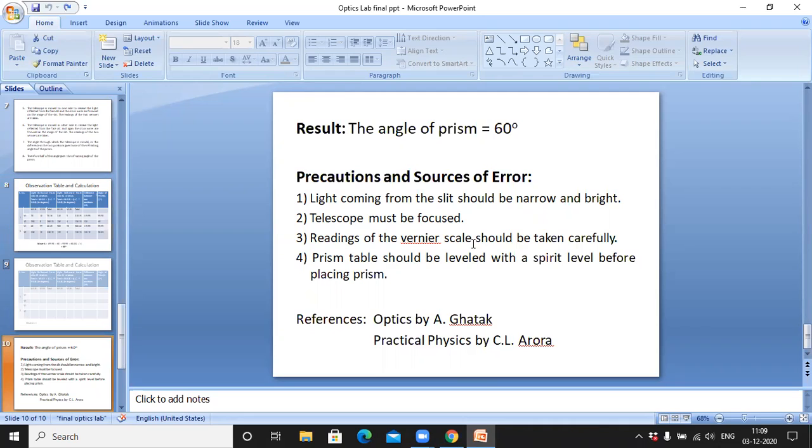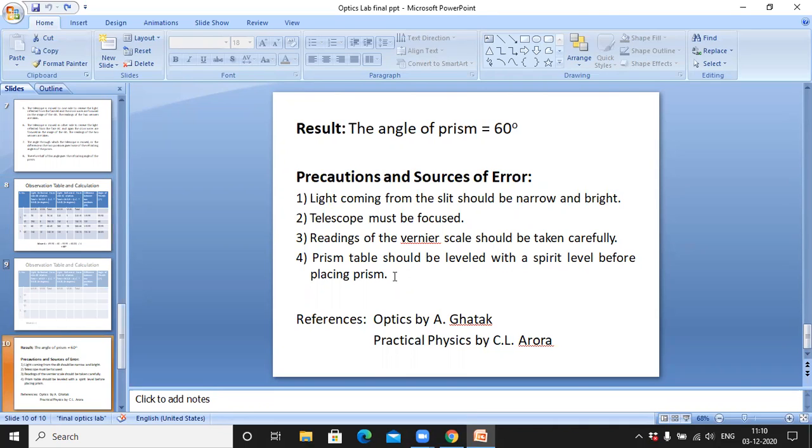Readings of the vernier scale should be taken carefully. The vernier scale reading is the best coinciding reading of the vernier scale with the main scale. That should be taken care of, and there should not be any parallax error while observing the reading of the vernier scale. The prism table should be leveled with a spirit level. The spirit level is used to level the prism table before placing the prism.